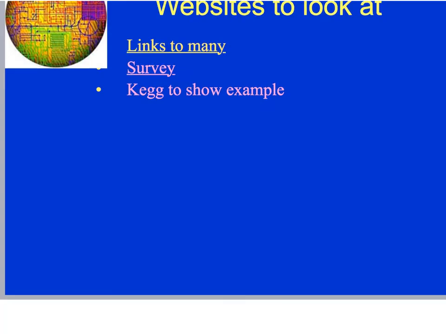Just look at some of those sites and fill in that survey. I'll give you a couple of points towards your homework for that. You just go into the hyperlink, and you should be able to get it. I'll try to put those on the bottom too.